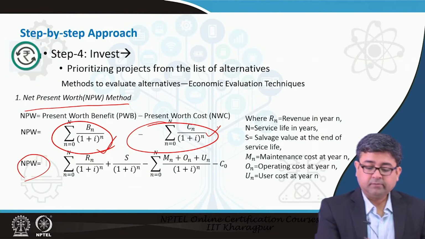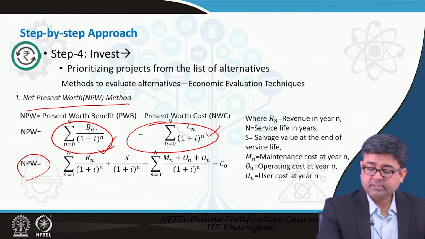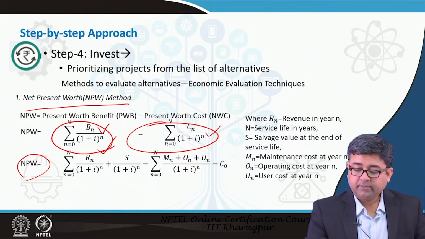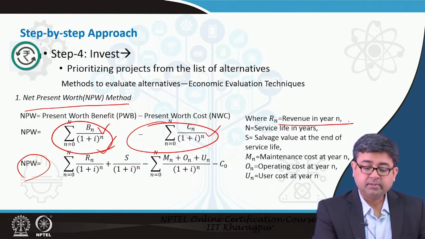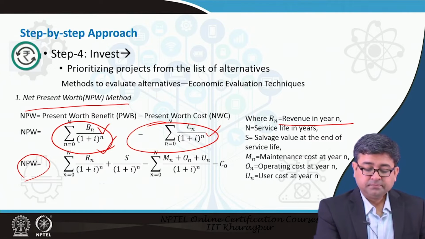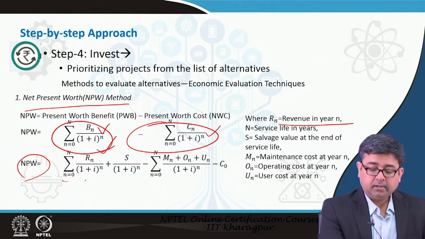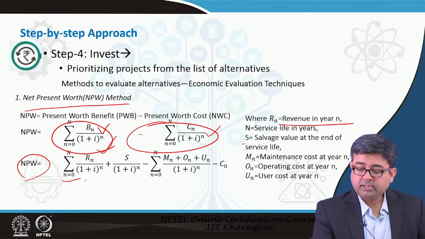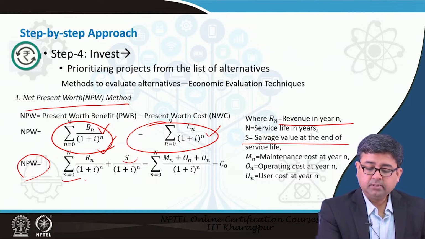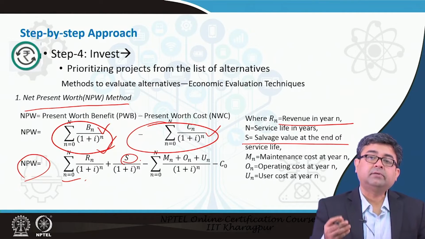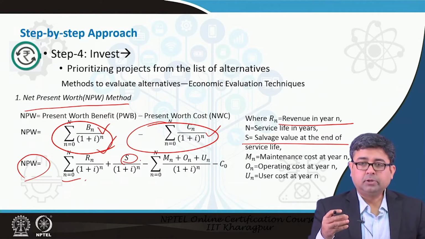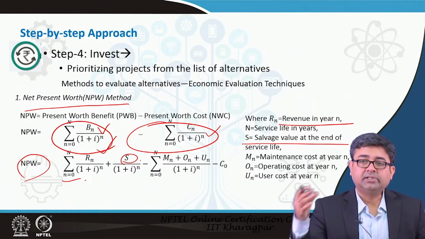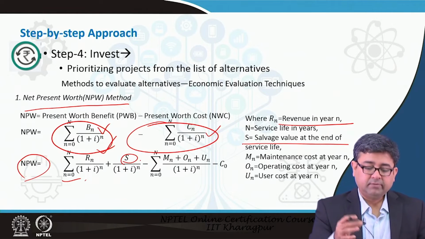So, the different terms involved here. All the benefits, BN, are all the benefits. The benefits would involve the revenue that is collected from these services over the lifespan, and also the salvage value at the end of the service life. So, maybe when an infrastructure becomes old and is going to be sold as junk, you still get some salvage value out of it.